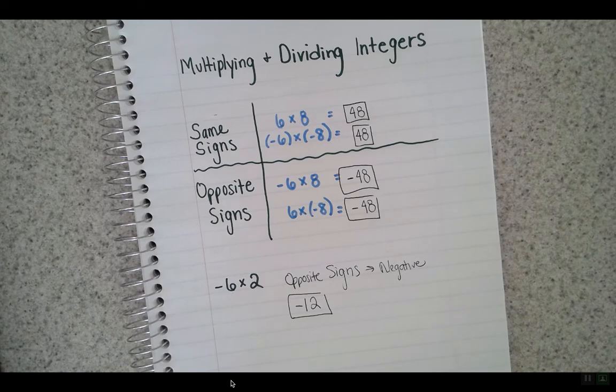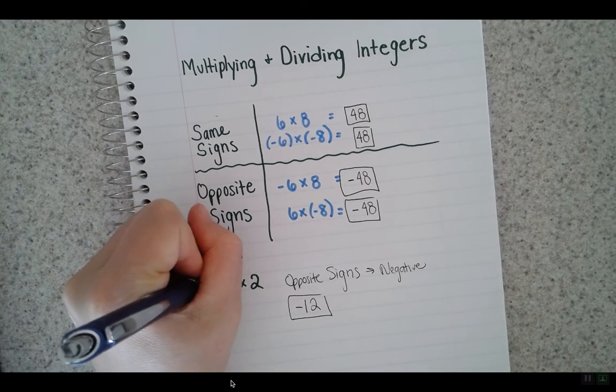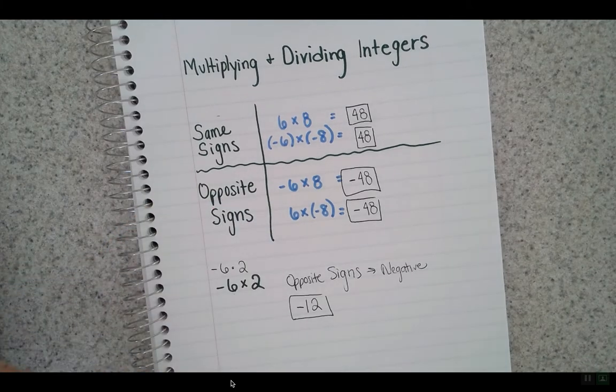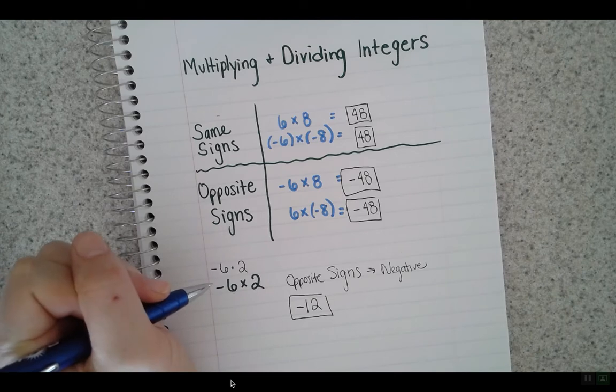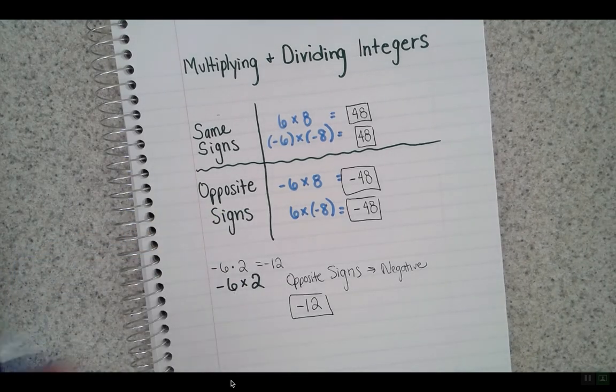Okay, now this problem can be written in several different ways. You might see this problem written with the multiplication dot rather than the times symbol. But it's the same problem, and it still equals negative 12. You also might see the problem written with parentheses.